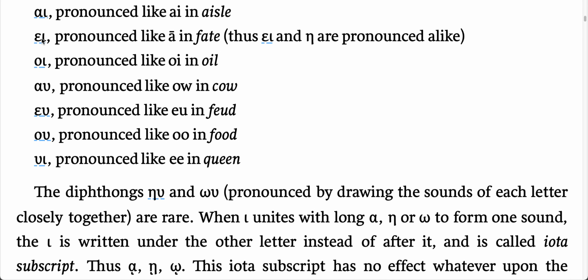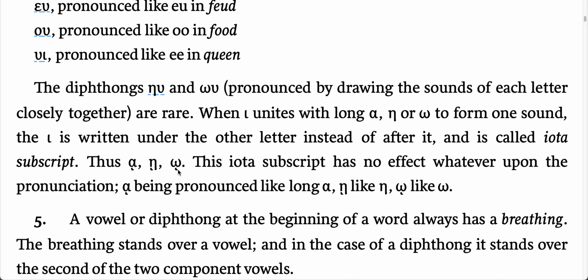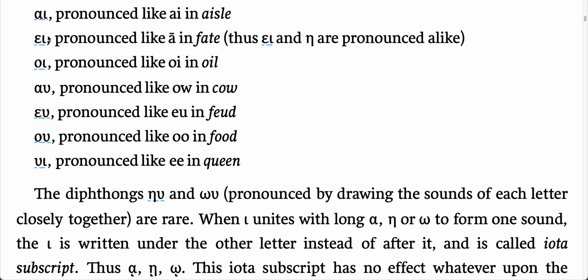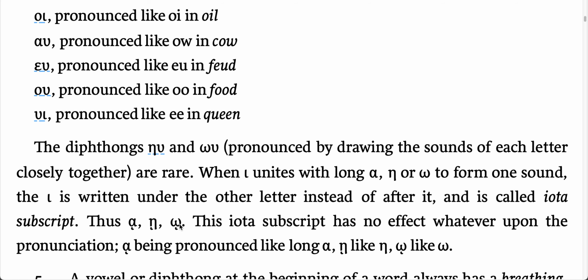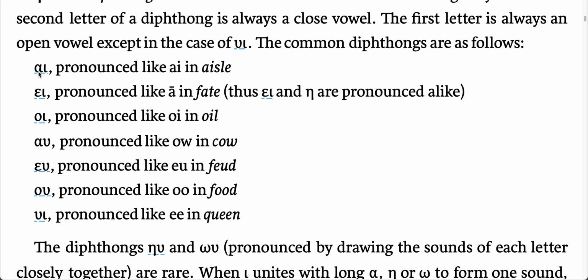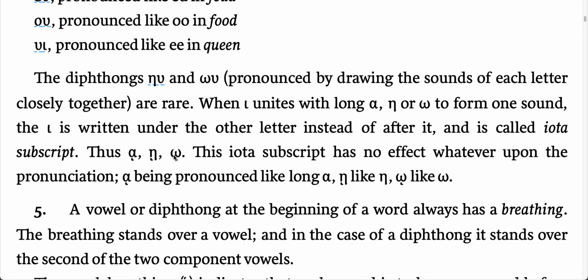Sometimes it looks like this. It would be alpha, eta, and omega, because here the iota is acting as a short vowel, but this one is acting as a long vowel. And remember, the alpha can be short or long. Eta is always long. Omega is always long.